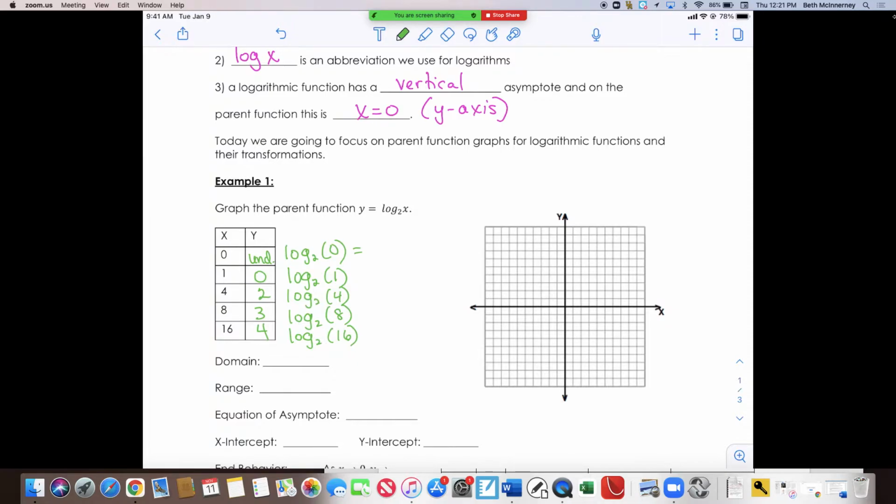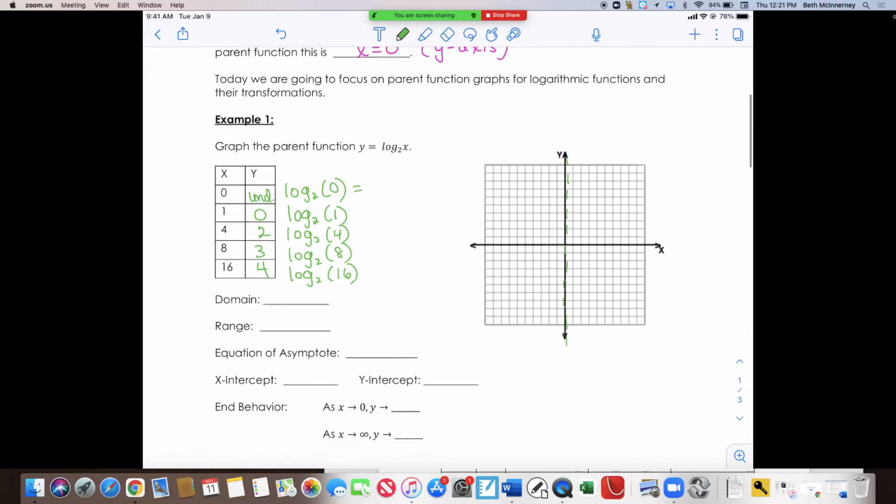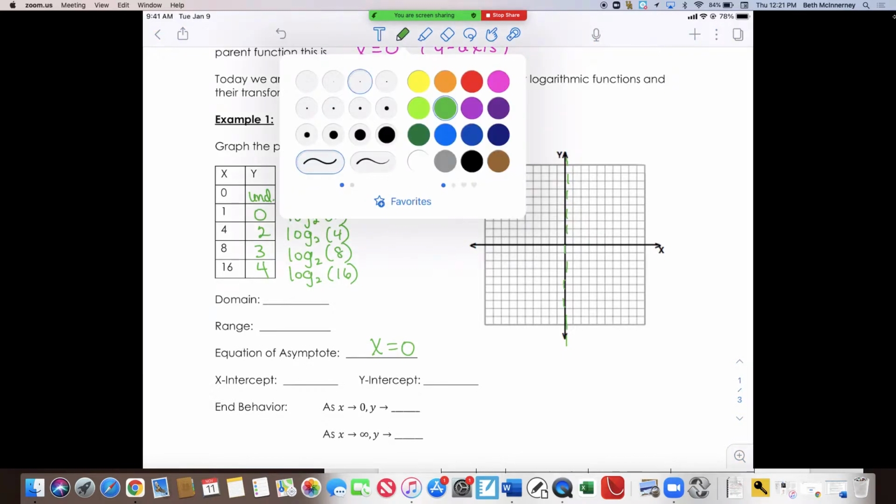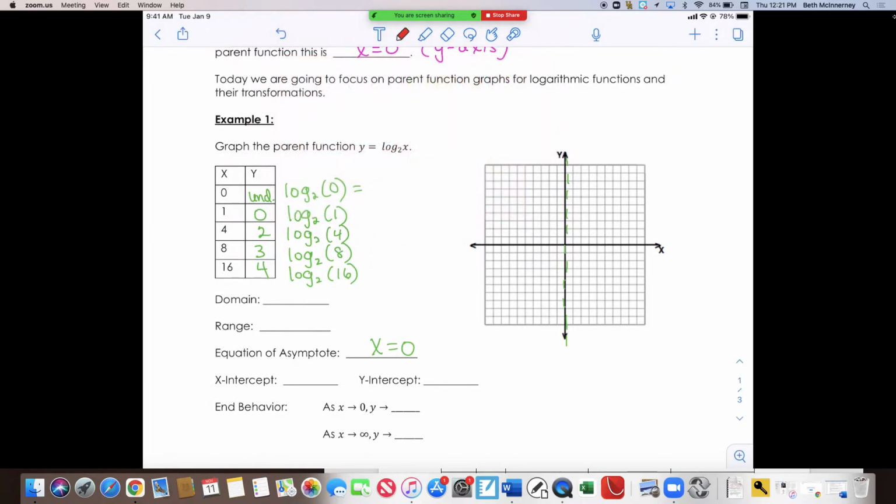All right, so here's the deal. On your graph, you're going to make a vertical asymptote of x equals 0. So we're going to put x equals 0, and we're going to draw that. Then I'm going to plot my points: 1, 0; 4, 2; and 8, 3.